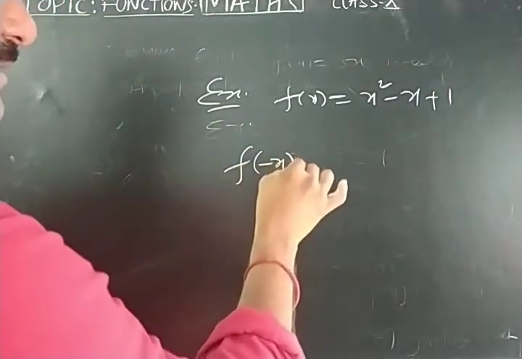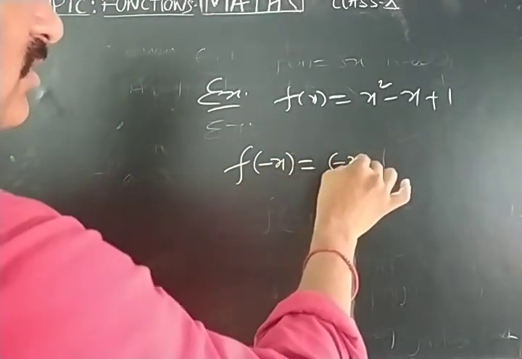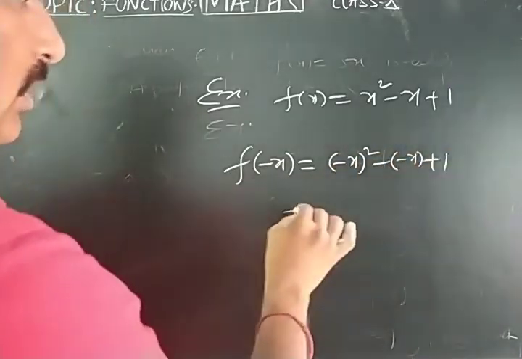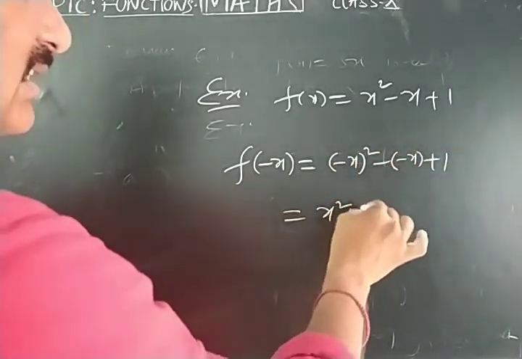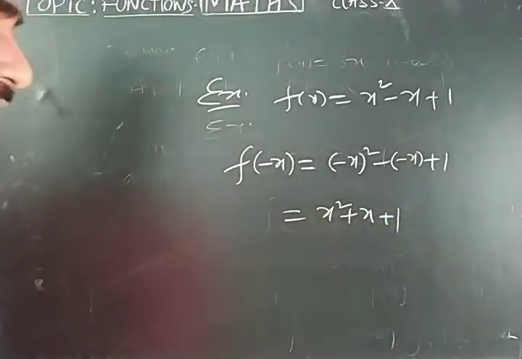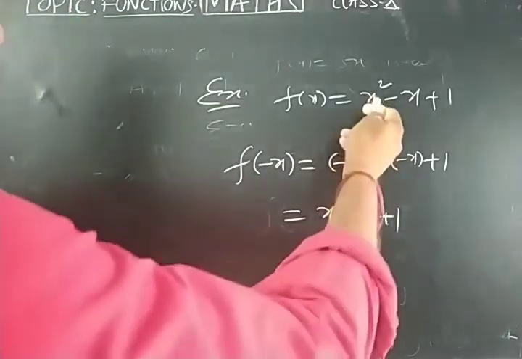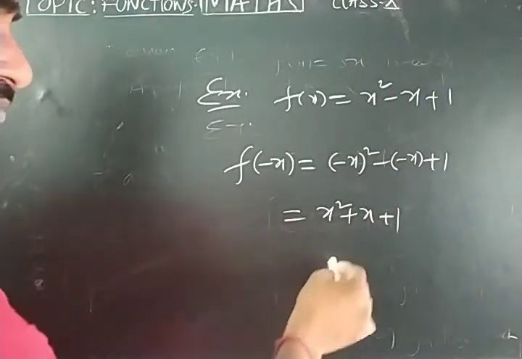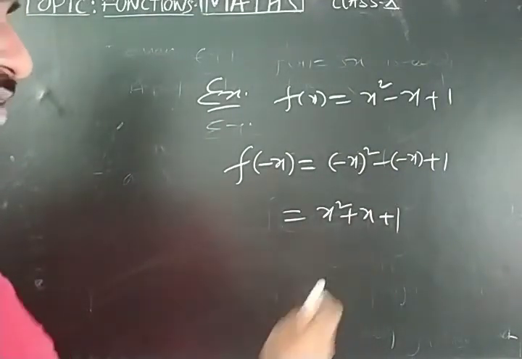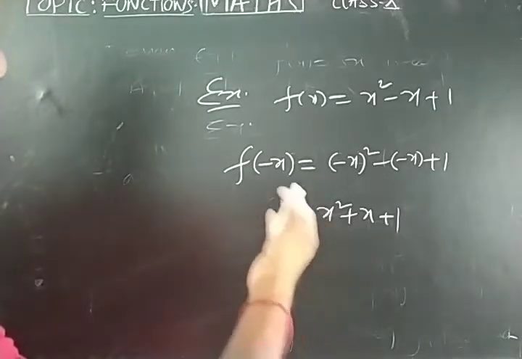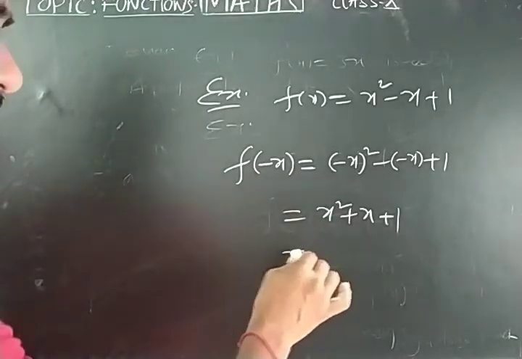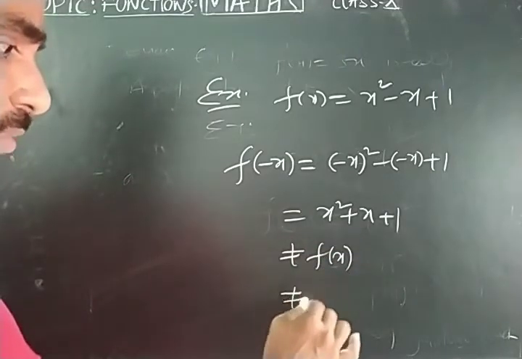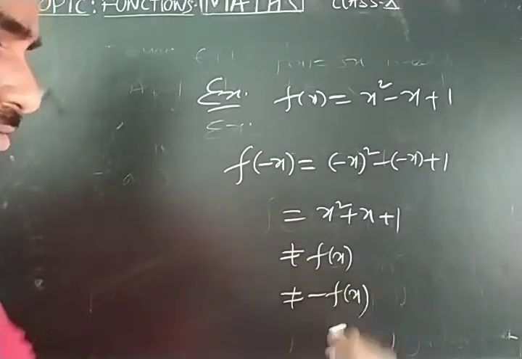Now I am going to check. F of minus x is equal to minus x whole square minus of minus x plus 1. What do you get? X square plus x plus 1. Can I write f of x here? No. Here f of x is x square minus x plus 1. We cannot write it is equal to f of x, and we cannot write it is minus of f of x. So this function is not equal to f of x, not equal to minus f of x also.